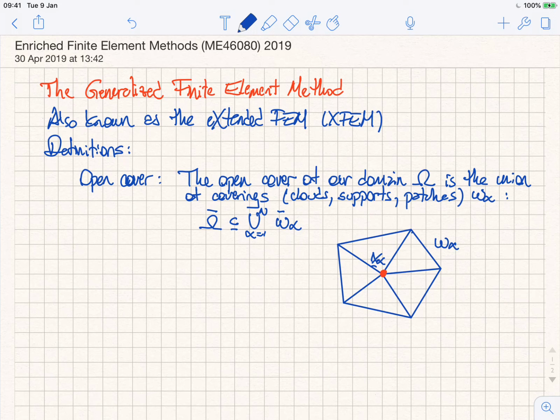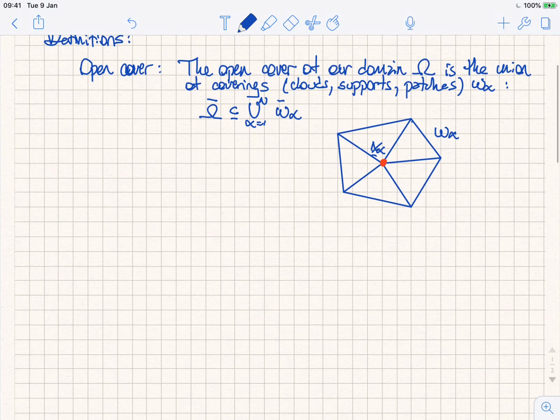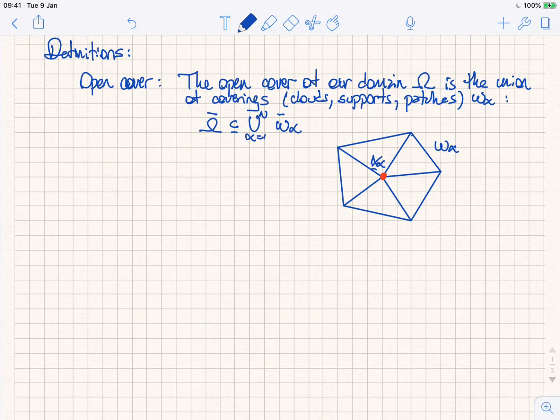So you can already see that this whole business of enriching is going to be tightly linked to our partition of unity, to our shape functions of our original mesh. Okay? So we talk about partition of unity, so let's define that more formally.